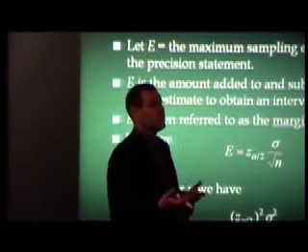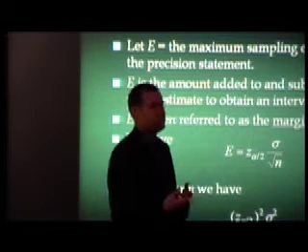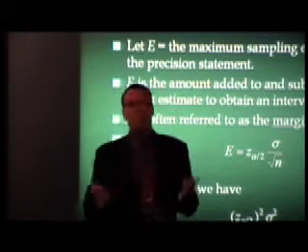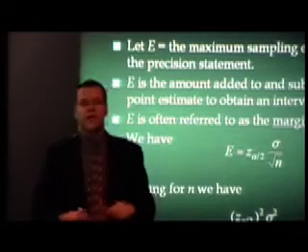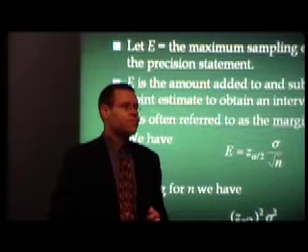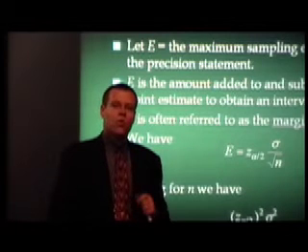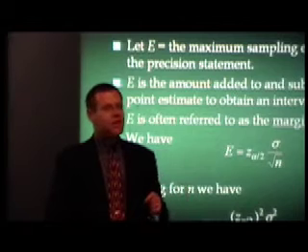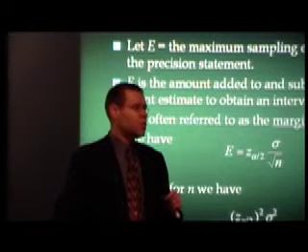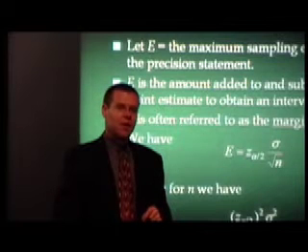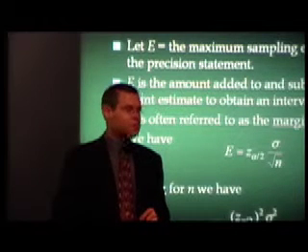Well, actually, if it's half, you will get a new integer, but if you decide on some arbitrary margin of error, there's no guarantee that your solution for n is going to be an integer. In which case, you always round up, because if you fail to round up, and you've specified a maximum margin of error you're willing to live with, then you can, in fact, violate that maximum and end up with a margin of error that's slightly larger.